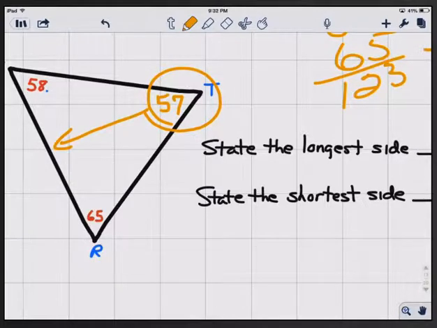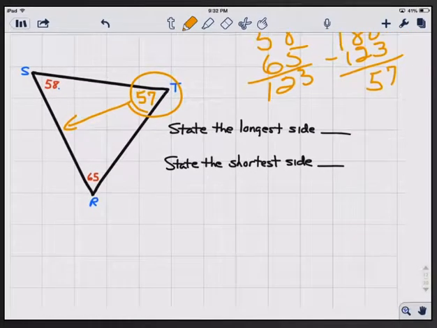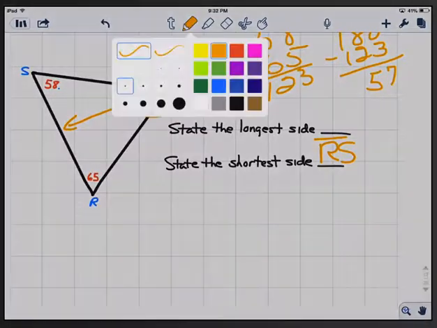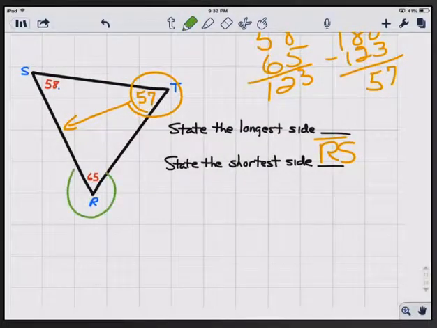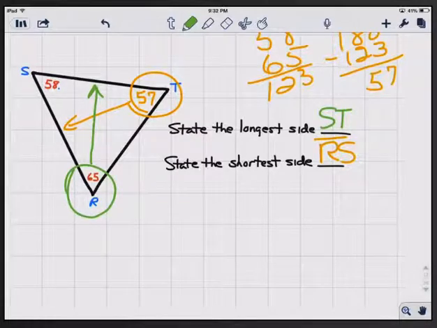Across from that, you're going to find the shortest side. So segment RS is the shortest of the three sides. Because the 65-degree angle is the largest angle, across from that, segment ST is going to be the longest side.